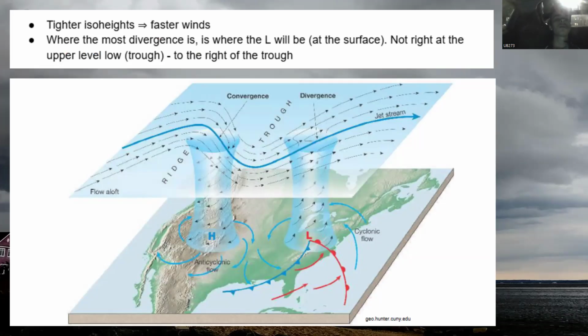Now, we can use what's happening in the upper atmosphere to help us know what would happen at the surface. So where the most divergence is, is where the low will be. And that's not going to be directly at the trough in the case of the low, and for the high, it's not going to be directly at the ridge. Remember my analogy about convergence and divergence. For divergence, we'll think about the speeding son or grandson with the grandma left behind.